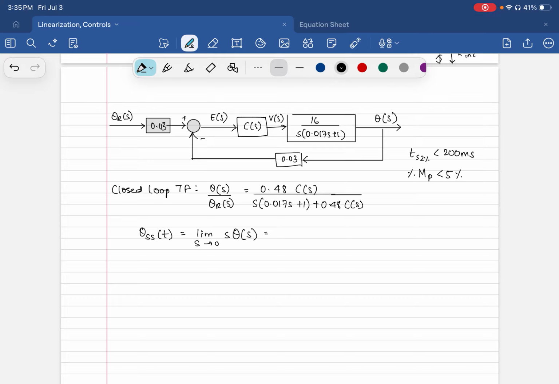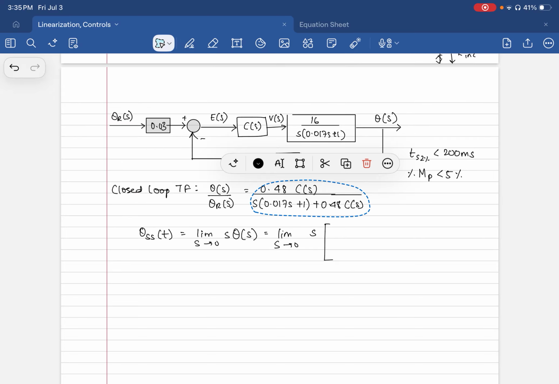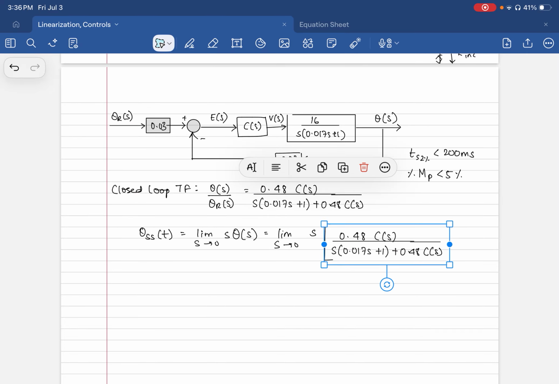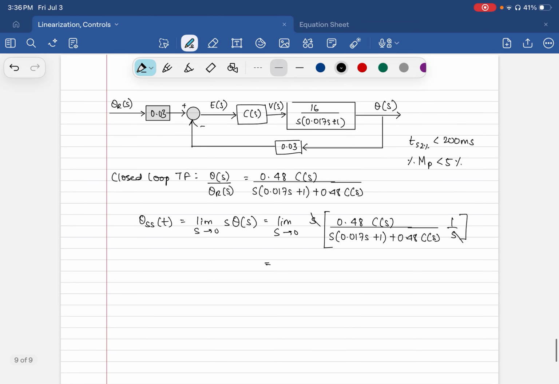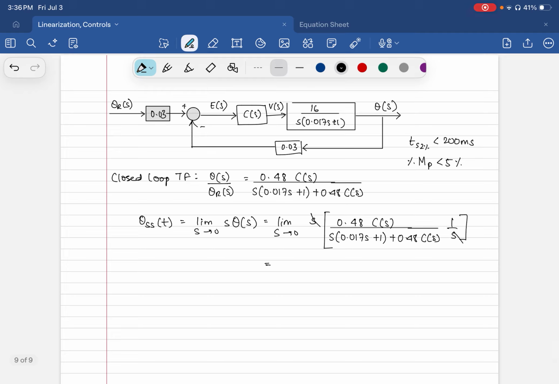And essentially we'll have limit s tending to 0, s times this entire thing multiplied with 1 over s as a unit step function. These cancel out. What is this value here? This will be equal to 1 for theta r of s equal to 1 over s.